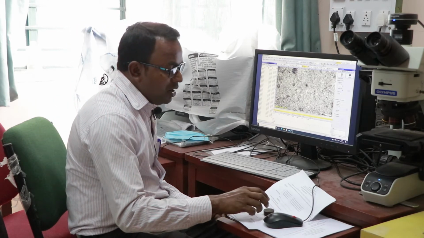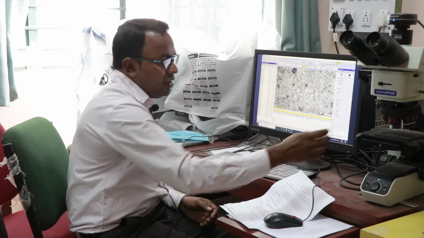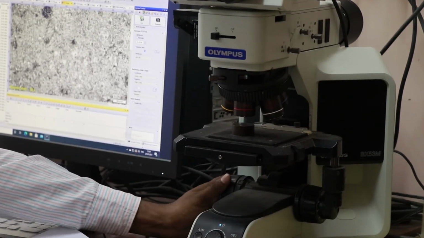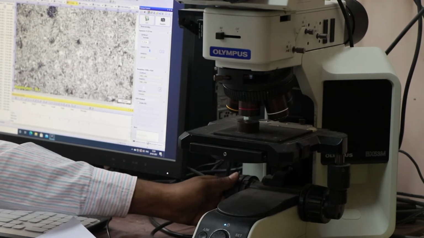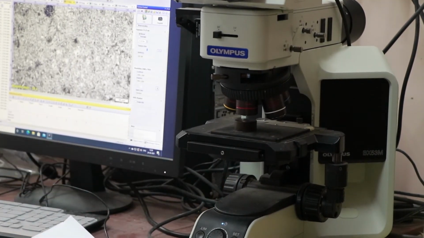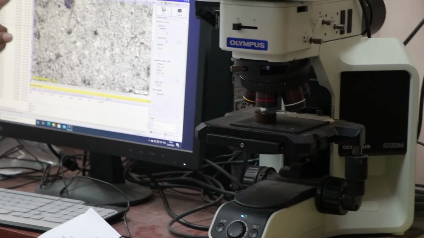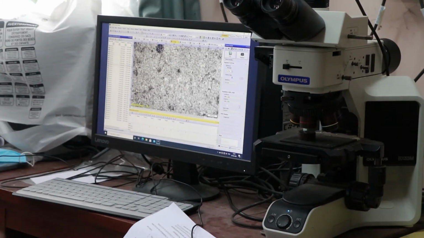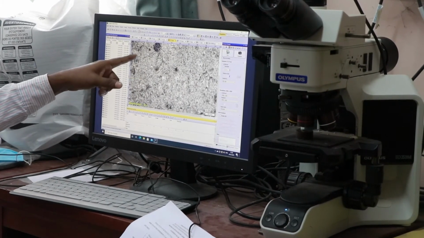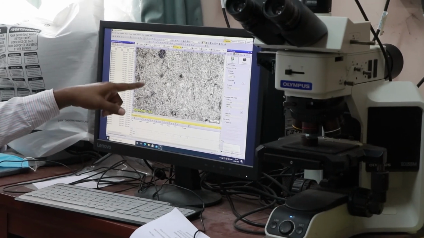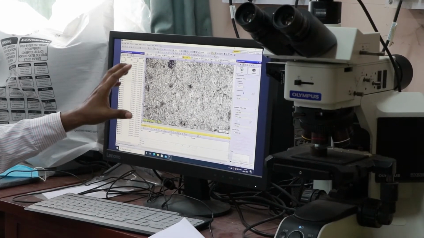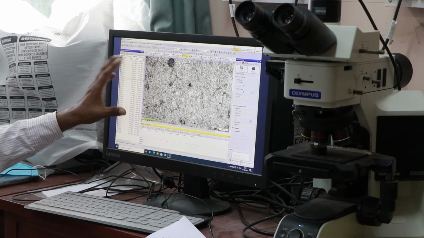Now this is sample number 1, and the microscopic observation is the same as the previous procedure, and we get this microstructure. From this microstructure we determine the ferrite base composition, microstructure orientation, and types of microstructure.